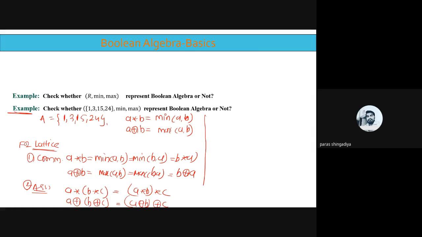And then the third one is the absorption law.